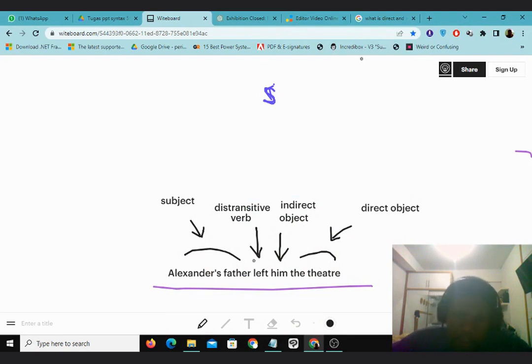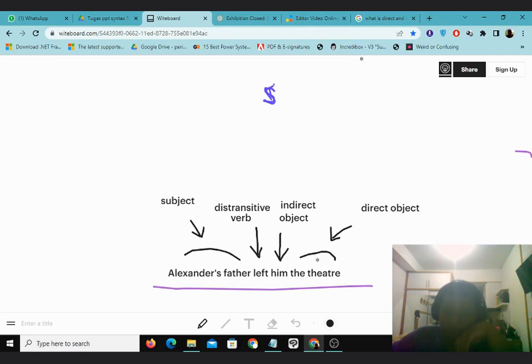The first reason is the verb left. The verb left is the function of this transitive verb. The pronoun him is used as an indirect object because he receives the action from the word theater.